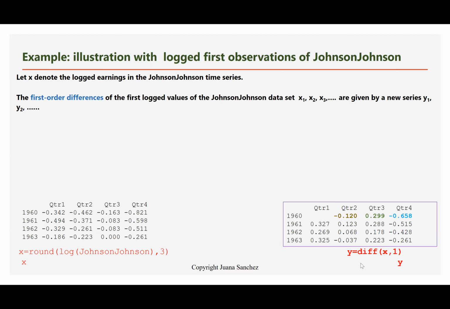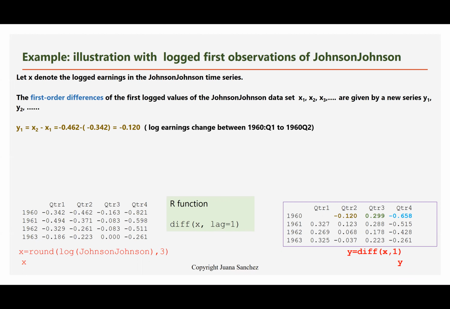And we obtain the first regular difference, the change, by using the function diff in R. So diff, your time series, and you're going to do first difference, so the argument is lag equal 1. And if you type y after that, you can view the whole time series. Here, I'm just showing the first lines. So the function diff of the time series with lag equal 1 will do the first regular difference and calculate the change. So let's look at a few examples.